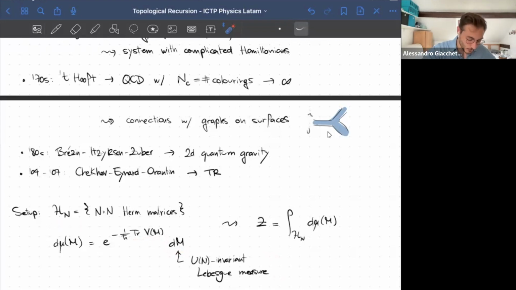And out of these two gadgets, you can construct a partition function, Z, which is just the integral of this measure on the space of Hermitian matrices.